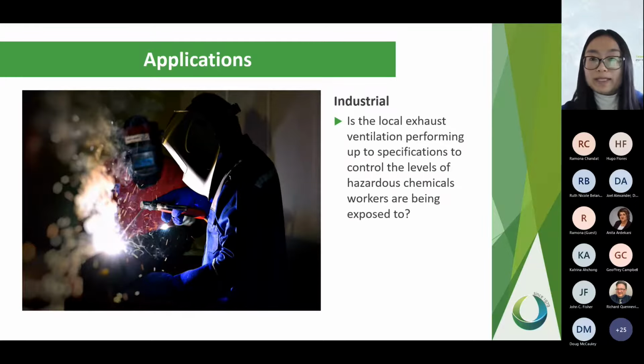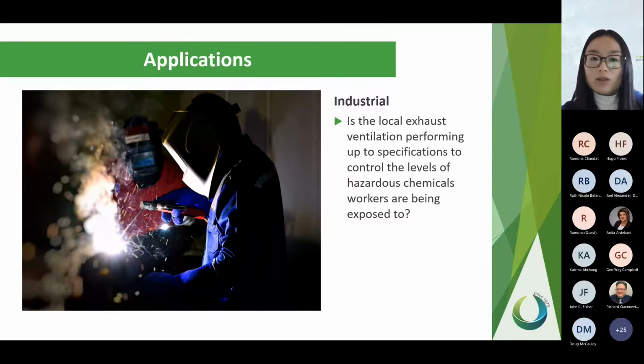There are also many applications of tracer gas testing in industrial settings. So, for example, many facilities have welders. And as many of you are aware, welding fumes can be hazardous and may require local exhaust ventilation.